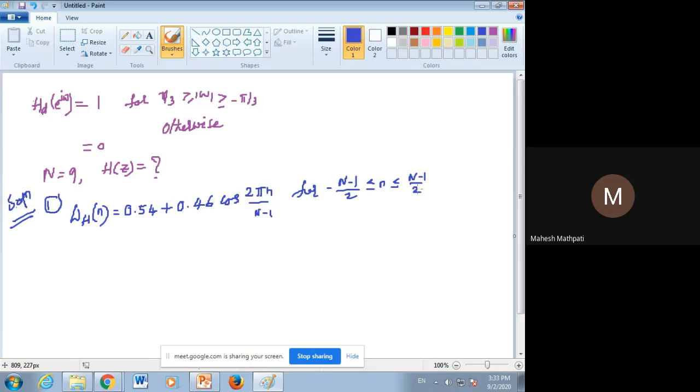So this is the formula of which function? Hamming window. Any doubt here?